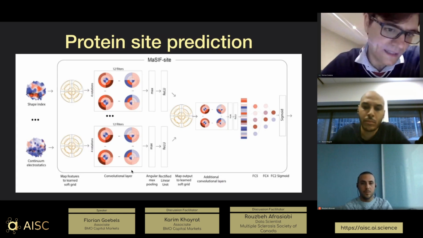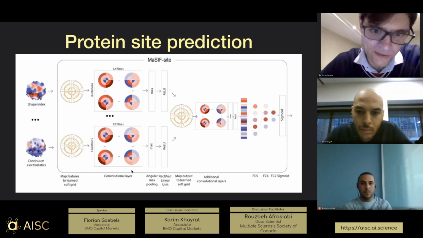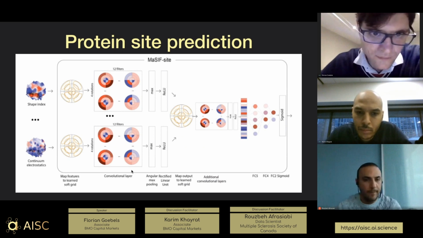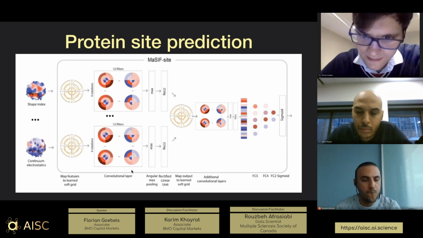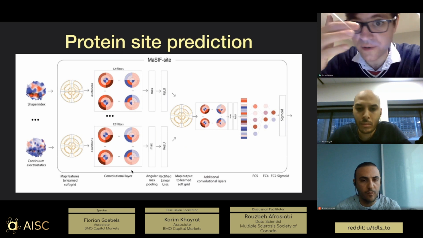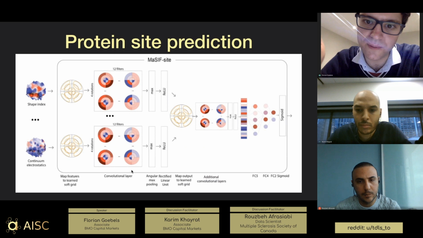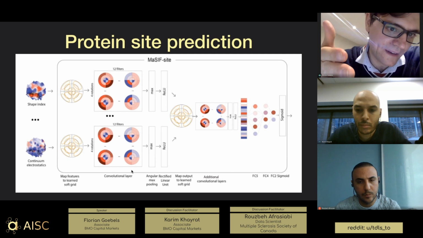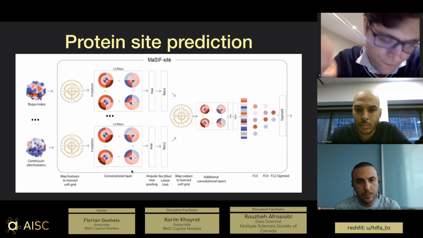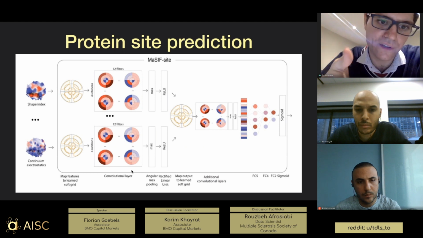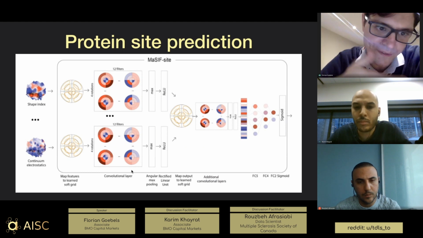And here you see what they do is they have multiple convolutional layers, right? The previous one had only 1 layer of convolution. Here they have multiple layers of convolutions, and they have like only 4 times 4 on the polar grid for the weights. So again, all the features come in.